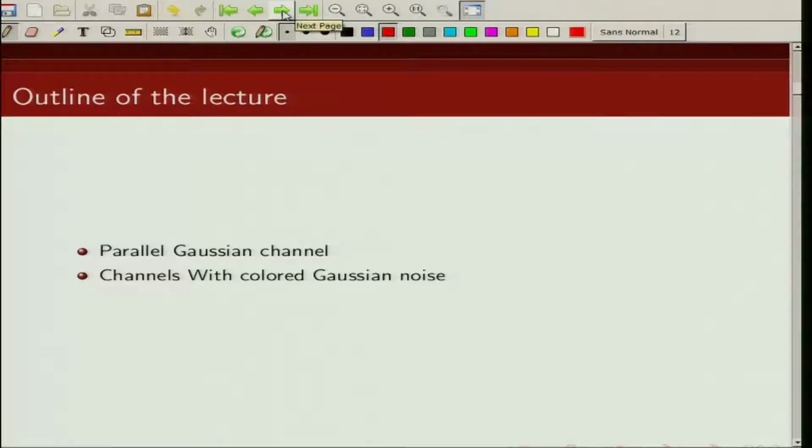Initially, we will assume that the noise is independent across the various channels, and subsequently we will consider colored noise, and we will do the power allocation for a parallel Gaussian channel with colored noise.